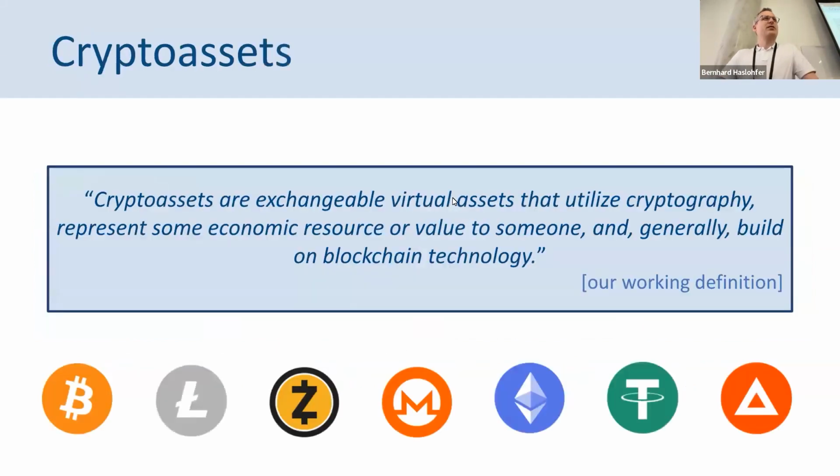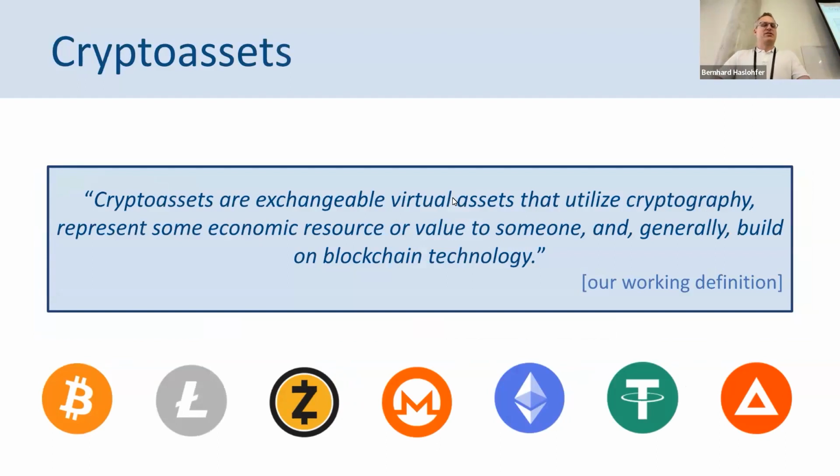Before we get started, I think most people know what crypto assets are, but it's usually a good idea to repeat what we conceive as crypto assets. We are aware that there are many definitions. Legal scholars have their own view of crypto assets, and their definitions might deviate from ours.